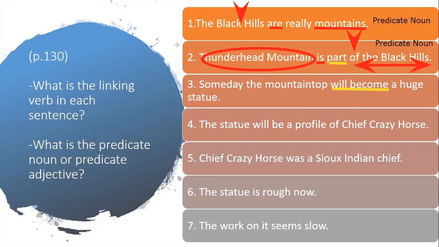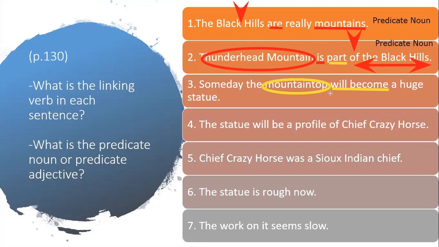Now let's identify the subject. Someday the mountaintop. So who or what are we talking about? Are we talking about someday? Are we talking about mountaintop? If you said mountaintop, you are correct, my friend.